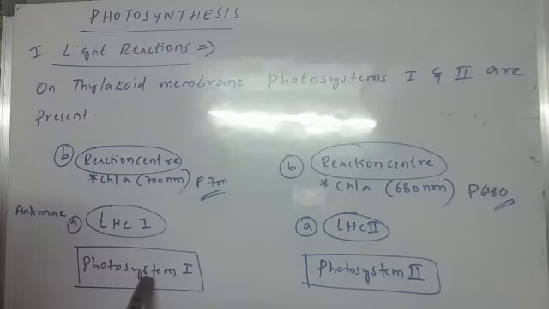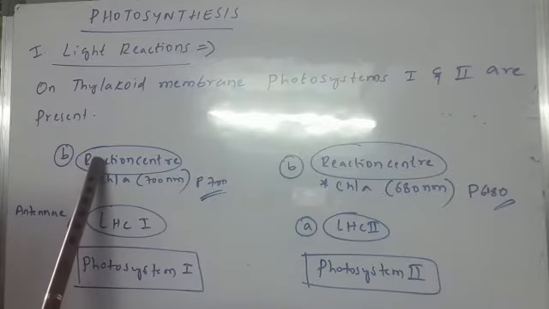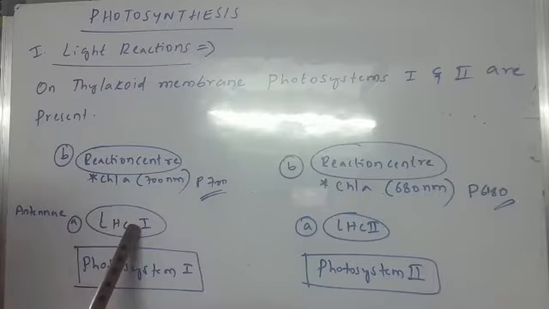Each photosystem has two parts: the light harvesting complex, which is also known as the antenna, and the second part, the reaction center. Now we will discuss the light harvesting complex. It contains various kinds of pigments like chlorophyll A, chlorophyll B, carotenes, and xanthophylls.